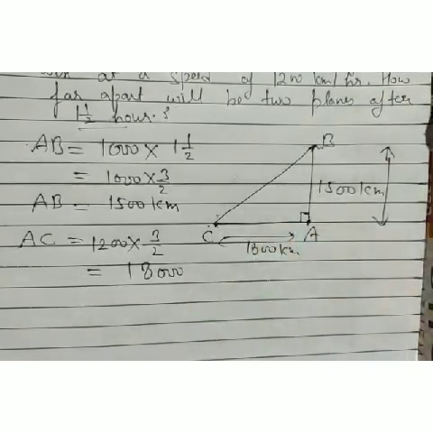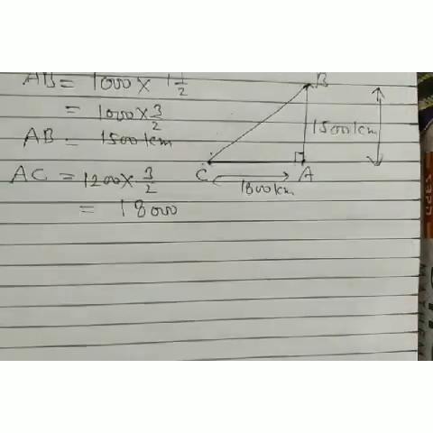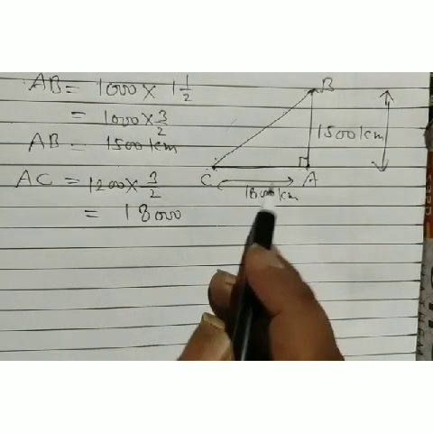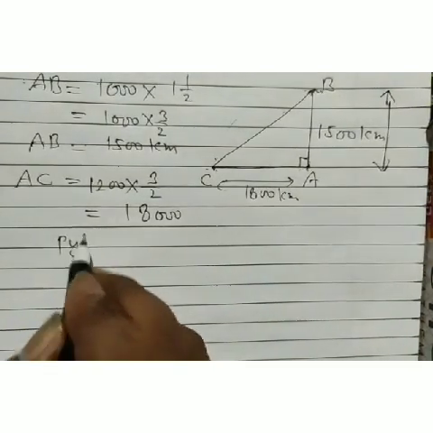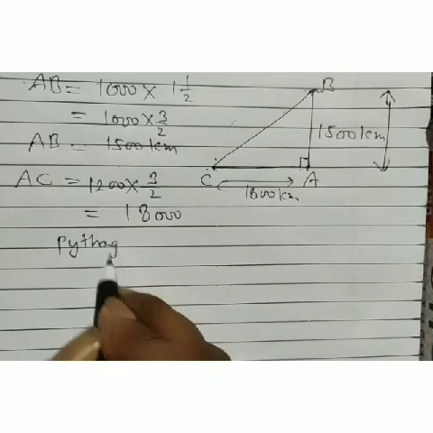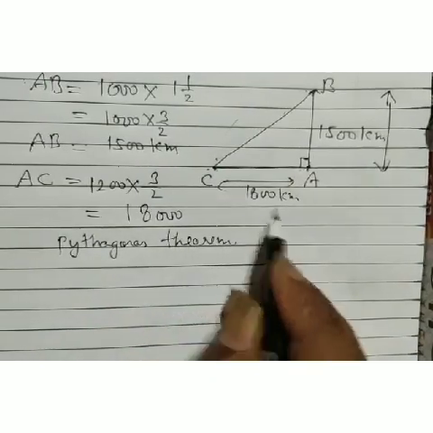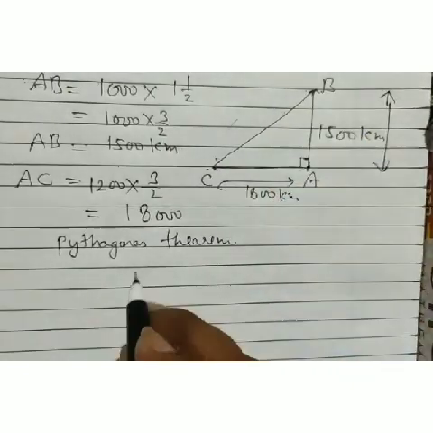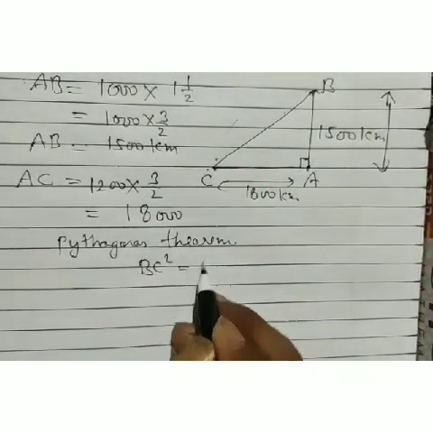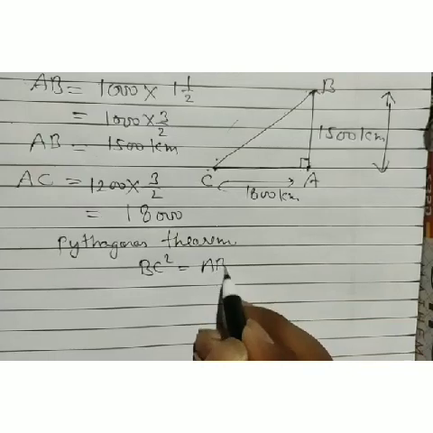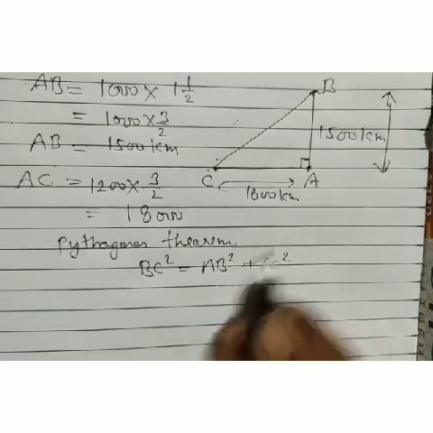Now we have to find BC. Let's look at the figure. Our figure is a right angle triangle, so we are going to use the Pythagoras theorem. We have BC square is equal to AB square plus AC square.